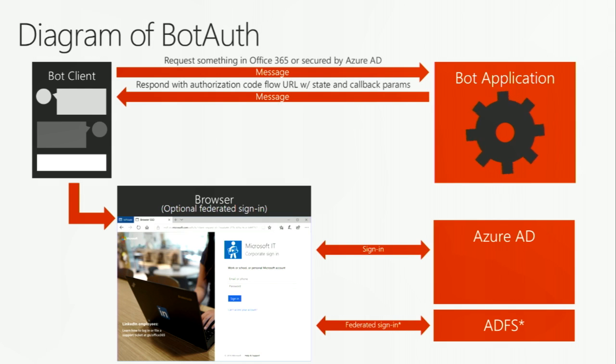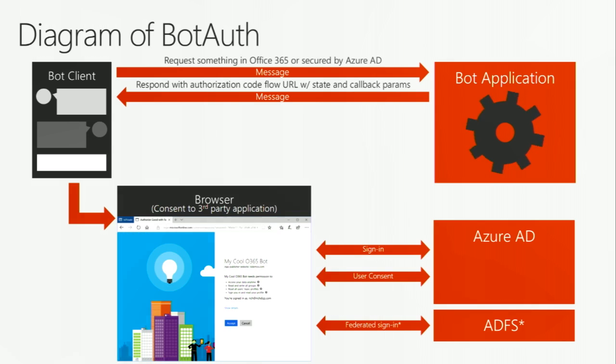So regardless of whether you use Azure Active Directory or some sort of federated sign in, the next step is it's going to say, you need to consent your application. Hopefully everyone's seen a screen like this where it says, hey, this third-party application, this bot, wants access to your profile, to post on your behalf, whatever. So you get that consent screen.